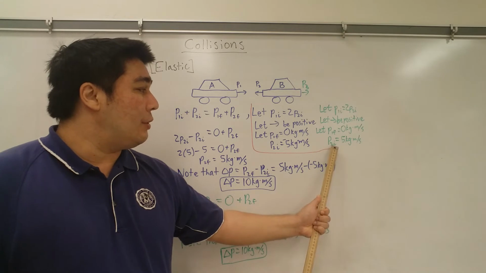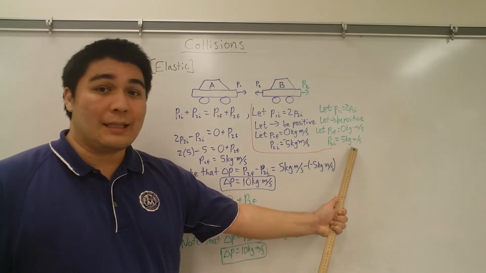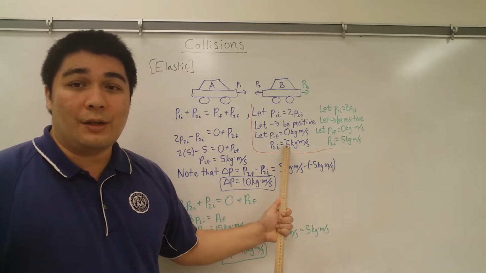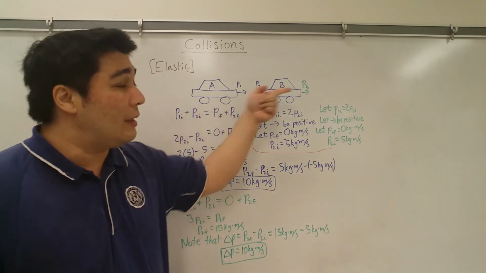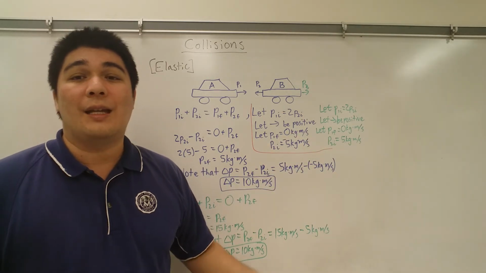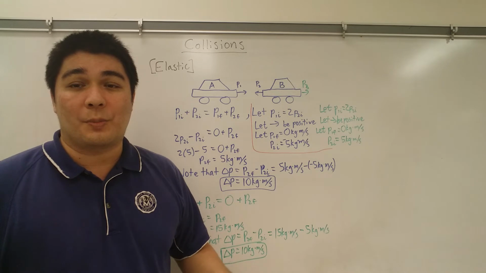We're also going to assume that P2 initial has the exact same momentum that it started with over here. The only difference is that because it's moving this way, it's going to be positive 5 kilogram meters per second instead of negative 5 kilogram meters per second.